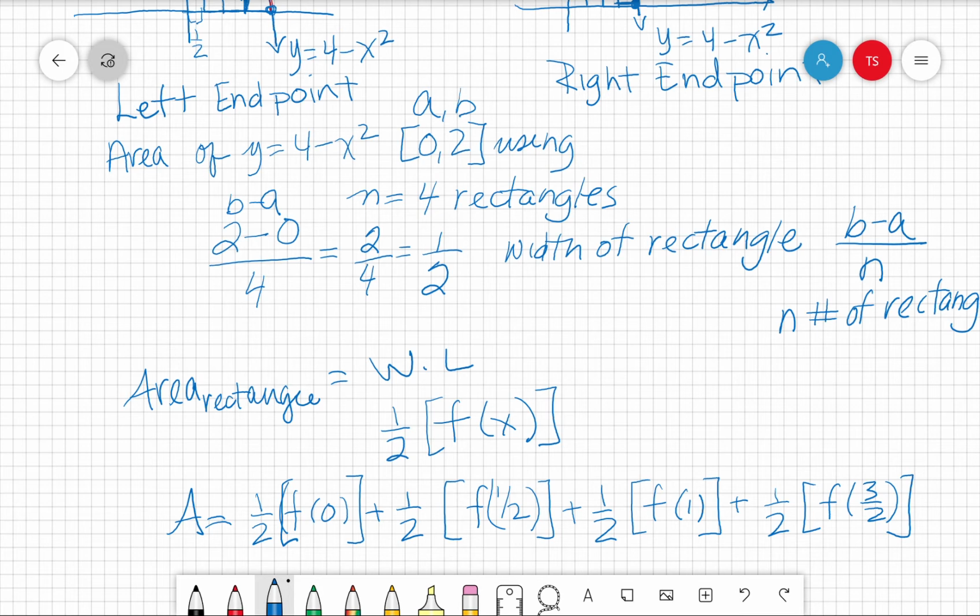And so I can calculate that out, and that's going to give me 4.25. I'm sorry, it's going to give me 6.25 square units.